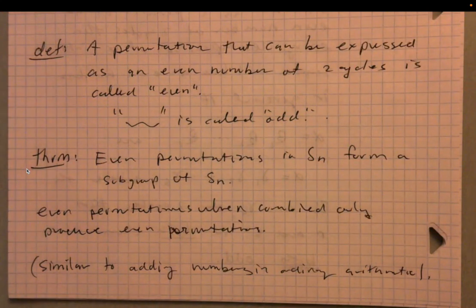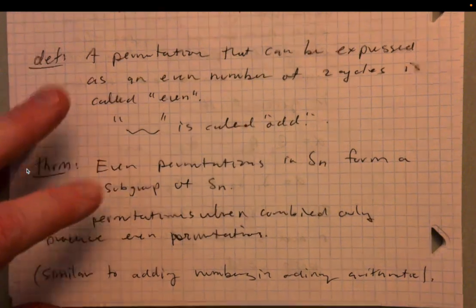So the even permutations all form a subgroup. Odd permutations do not. Odd and odd will produce even or odd. Odd and even will produce odd. So there's a nice symmetry there with regular arithmetic. Some of the most interesting things about abstract algebra, I think, are the way it dovetails with our everyday experience of regular mathematics.